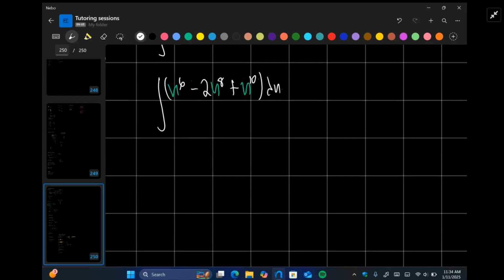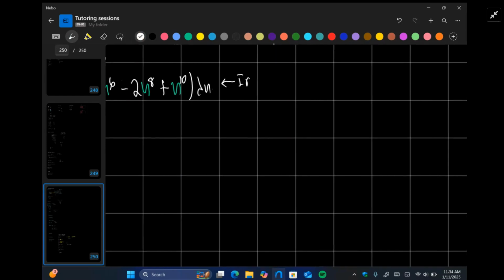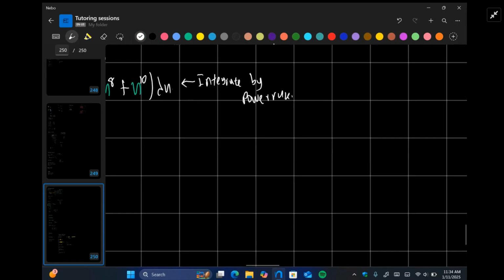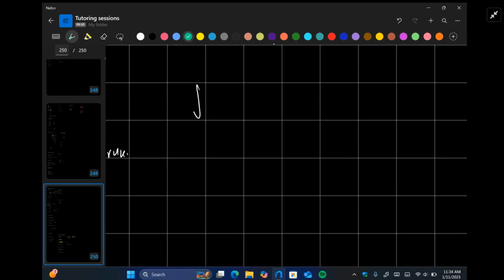So now let's integrate by power rule. The integral of u to the n du is u to the n plus 1 over n plus 1, such that n does not equal -1.